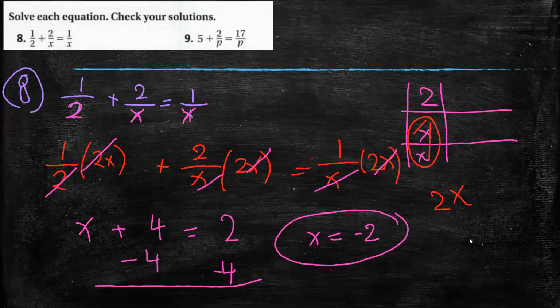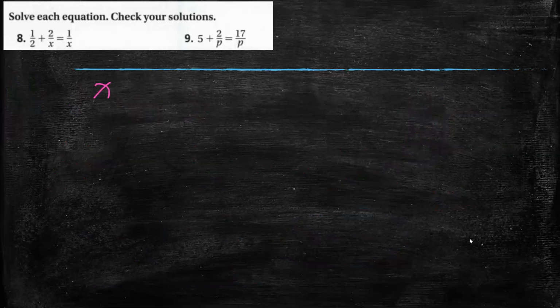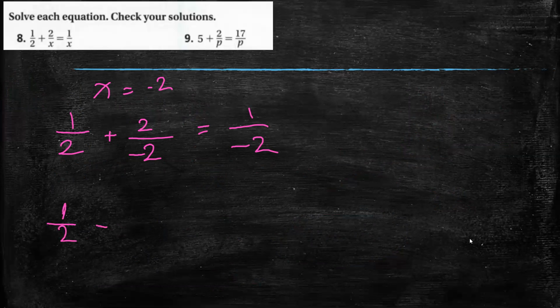What you have to do now is check. 1/2 plus 2/-2, is it equal to 1/-2? In other words, 1/2 plus -1, is it equal to -1/2?